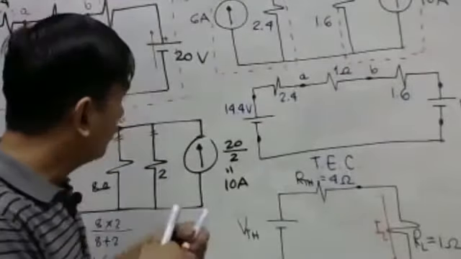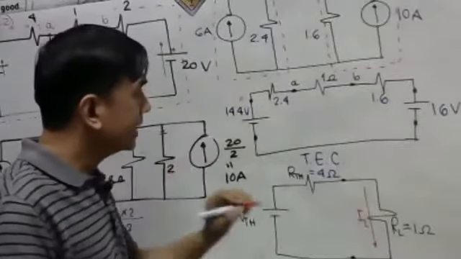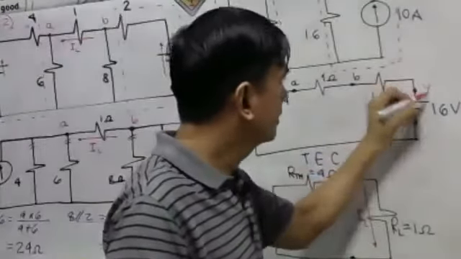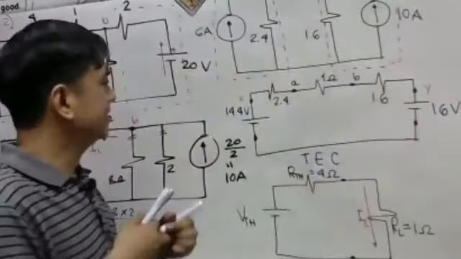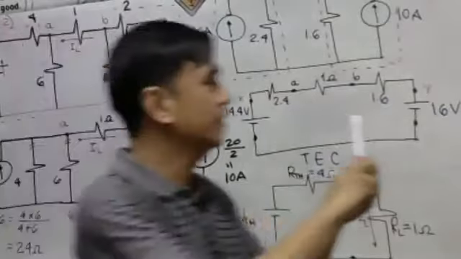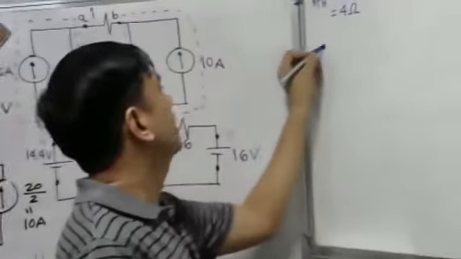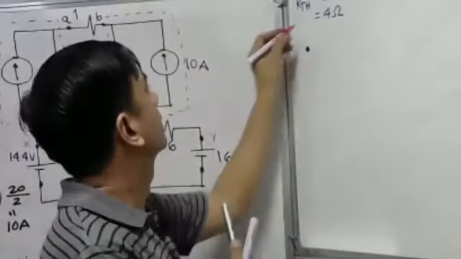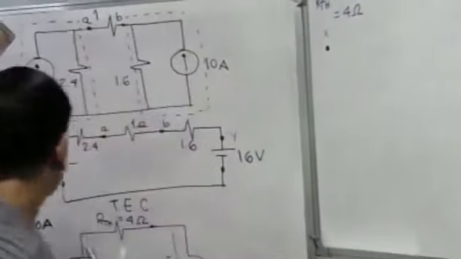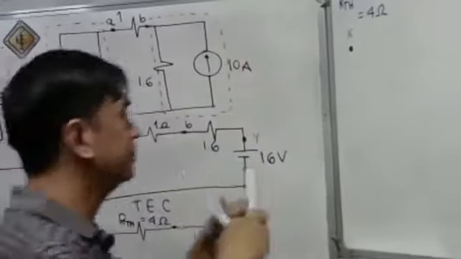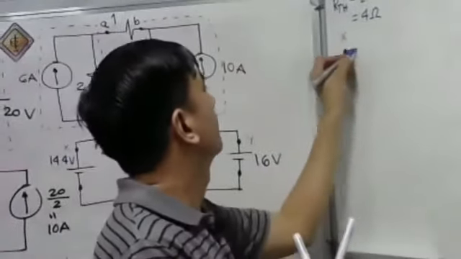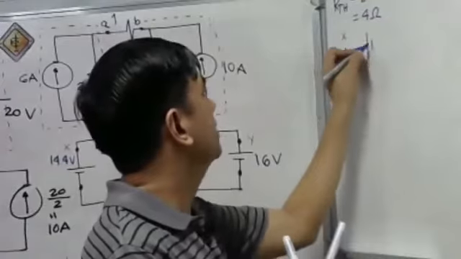I will put here X and this is Y. Let's say I will start with point X. Our point X is connected with the positive terminal of the battery.